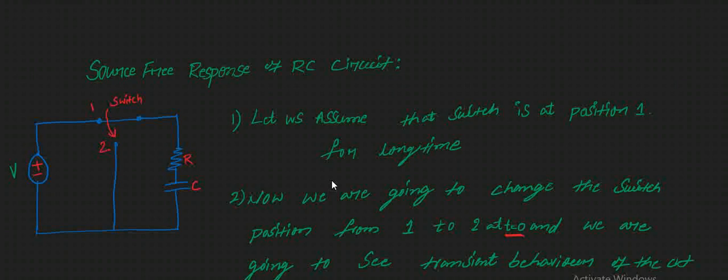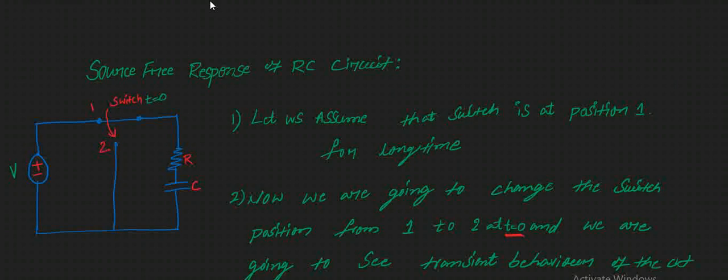In the source free response, initially the circuit elements are connected to the source. At t equal to 0, we move the switch from one position to the second position.